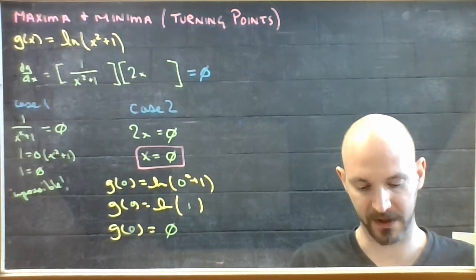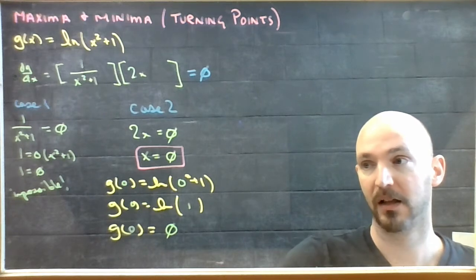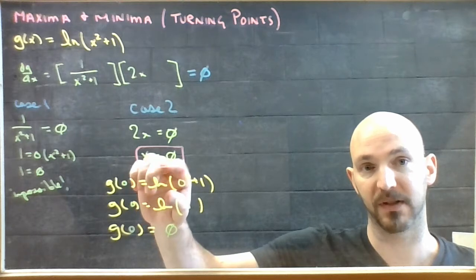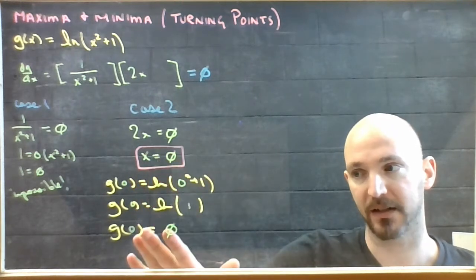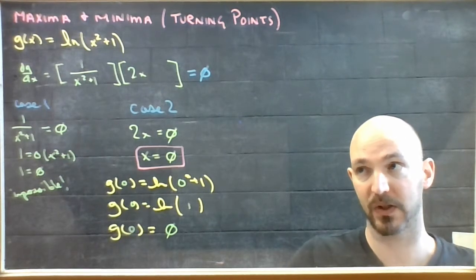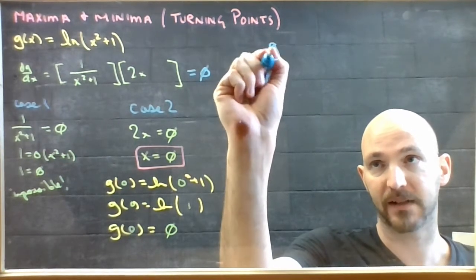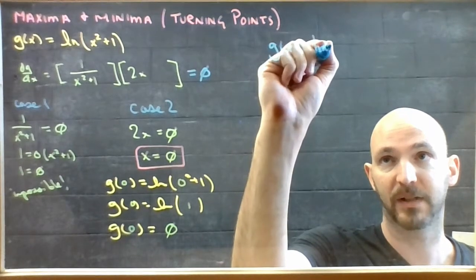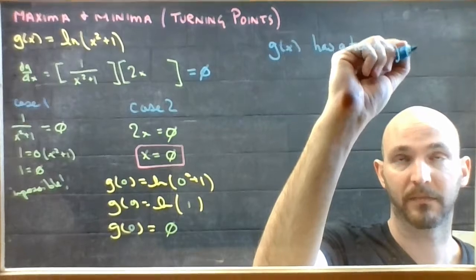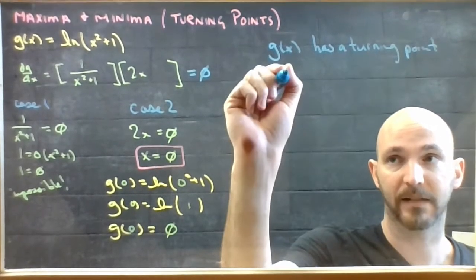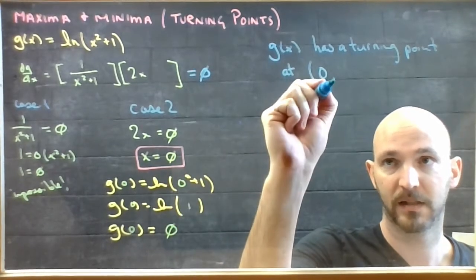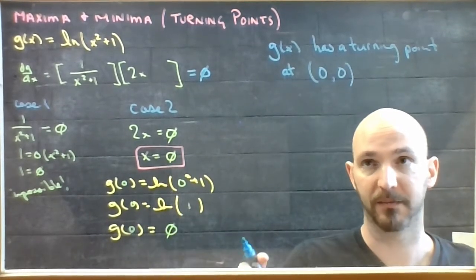So there we go. This one did not produce an error. I found an x in one of these cases that would set the derivative to 0. And when I plunked that back into the function, I got a perfectly reasonable answer. So what I have deduced then is that g of x has a turning point at 0 on the x, 0 on the y.